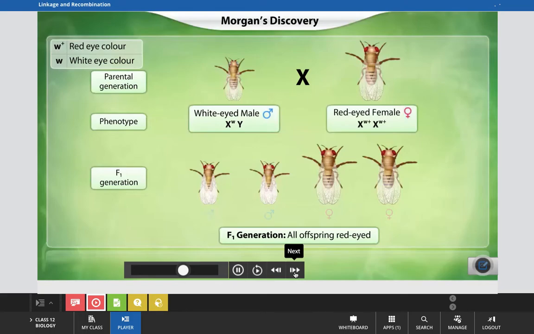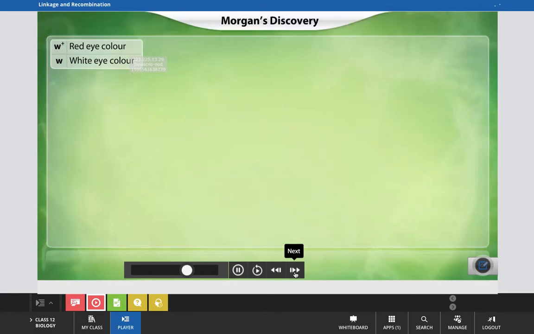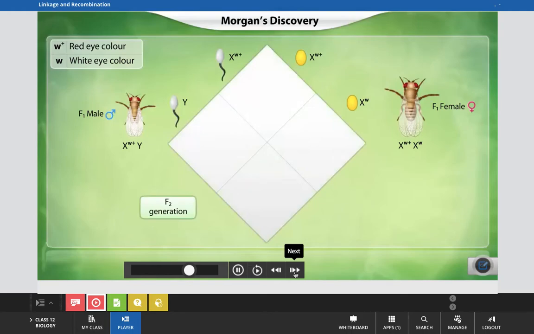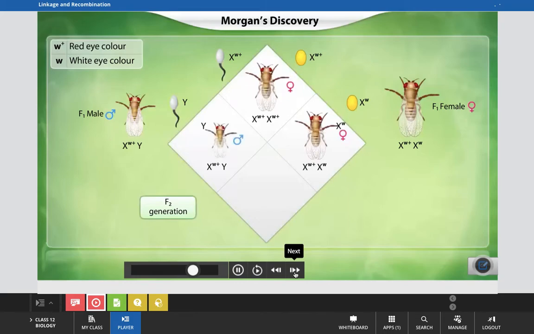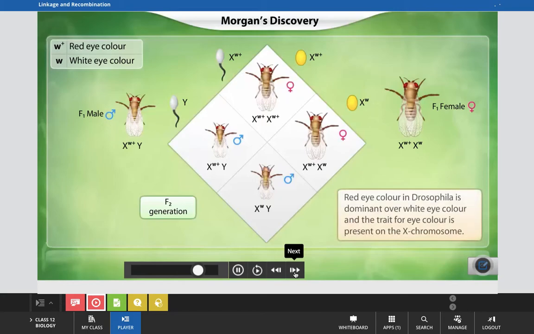Probably the red-eyed females were pure for the trait. Since all the flies were red-eyed in the F1 generation and the ratio of red-eyed to white-eyed was 3:1 in the F2 generation, Morgan concluded that the red-eyed trait was dominant over white-eye.